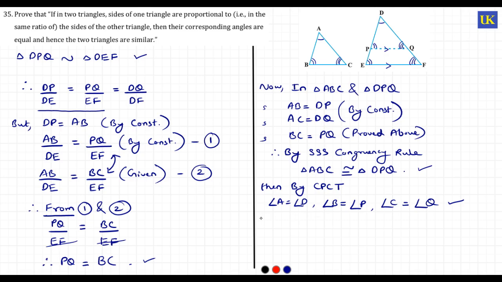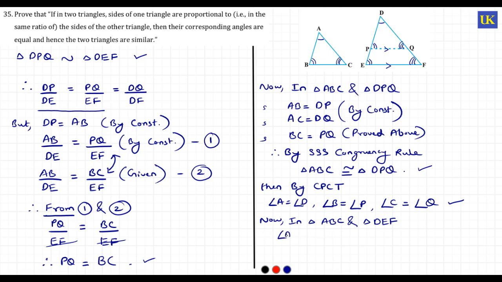Now further, in triangle ABC and triangle DEF. So this small triangle ABC and the main triangle DEF. We'll take these two triangles now.